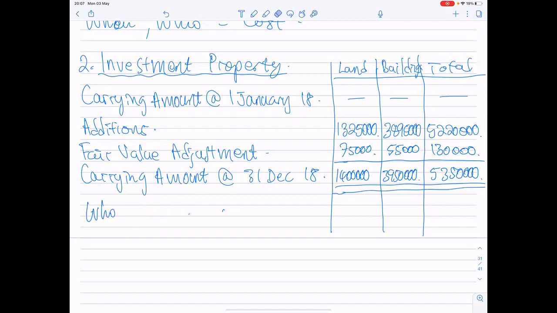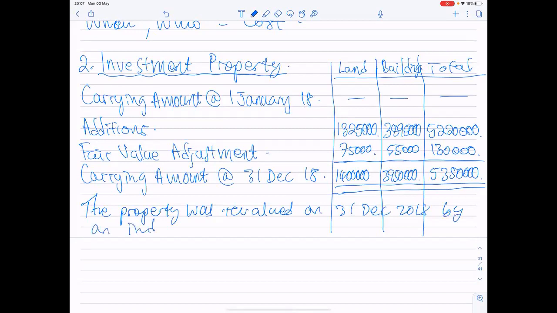So then you're going to say the property was revalued on 31 December 2018 by an independent appraisal.